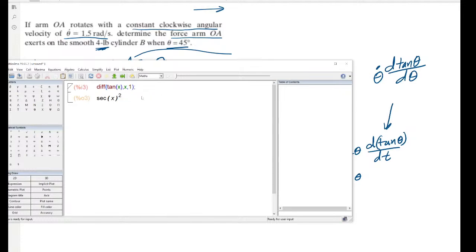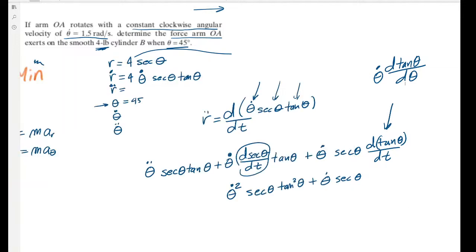Secant squared. So this becomes the secant squared of theta. Oh, and there's already a secant, so this one becomes theta dot squared, and then plus theta double dot secant theta tangent theta. Oh, geez.